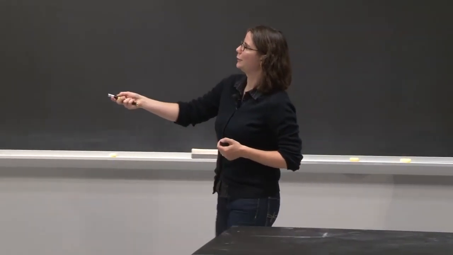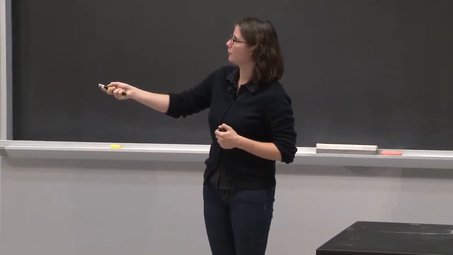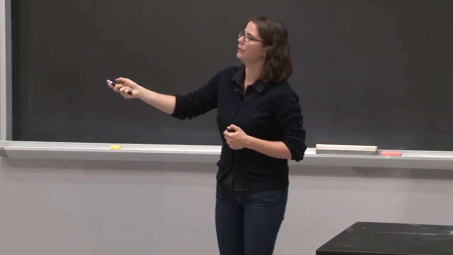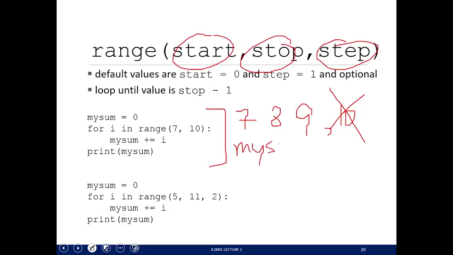Okay? So this loop variable i, the very first time through the loop, is going to have the value 7. So my sum is going to be 0 plus 7. That's everything that's inside the code block. The next time through the loop, i gets the value 8.